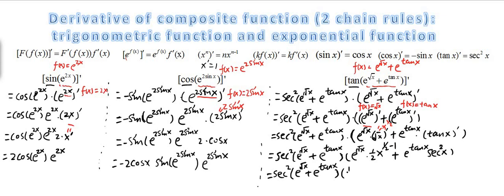So we have 1/2 x to the negative 1/2 times e to the power square root of x, plus secant x squared times e to the power tangent x. That's it.